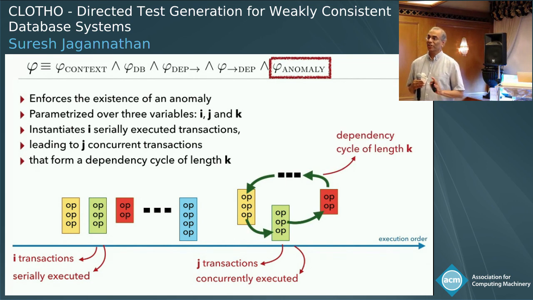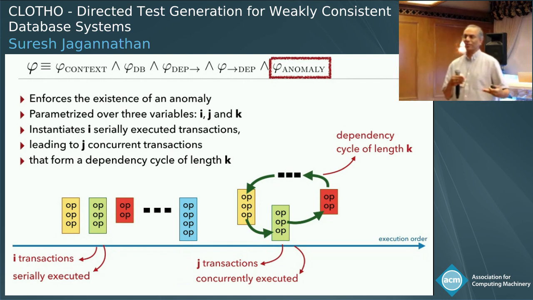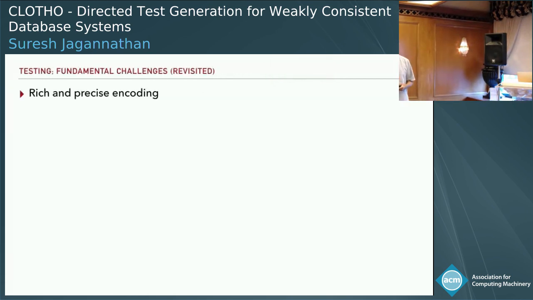So recall, we're not doing verification, we're doing testing. So we're going to bound the anomalies that we discover with respect to the length of a dependency cycle that we get to establish, right? So if we can find a cycle of length k, then we know that an execution exists that establishes a serializability violation.